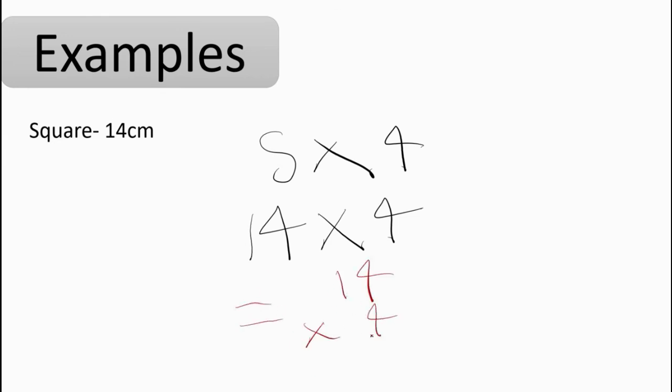If you know the 14 table, that's good. For those of you who don't know, I'm doing it over here. So 4 into 4 is 16. 4 into 1 is 4, plus 1 is 5. So our answer is 56.